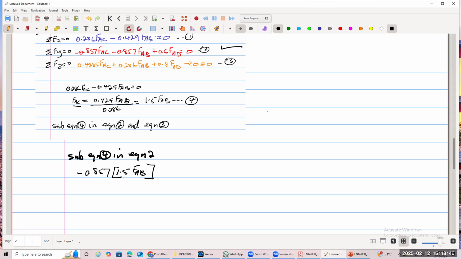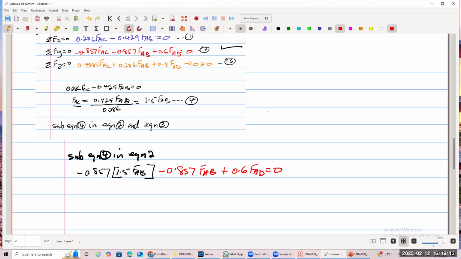The one in red. Right? So the one in red. Then minus 0.857 FAB is left there. Plus 0.6 FAD equals 0.